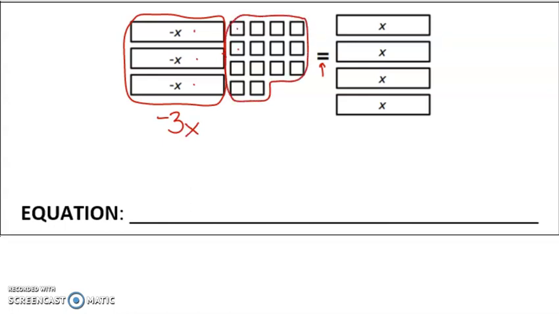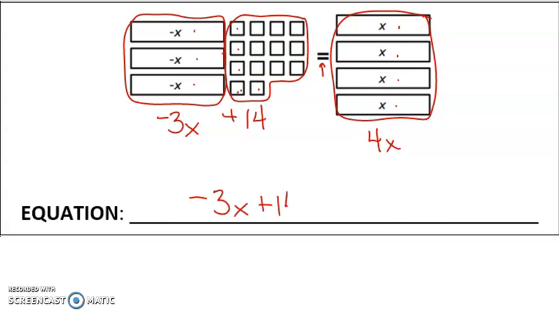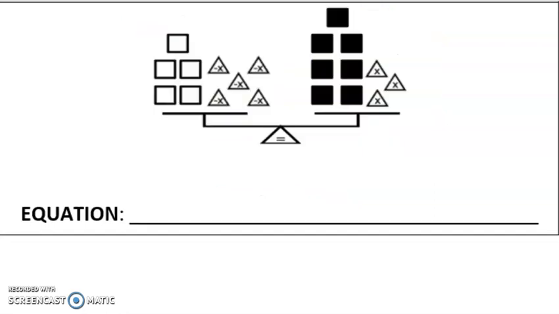I have 1, 2, 3 rows of 4, so that's 12, 13, 14, so +14. On the right side, I have 1, 2, 3, 4. They're all positive, so 4x. So my equation is -3x plus 14 equals 4x. Writing equations, not solving yet. We'll get there.